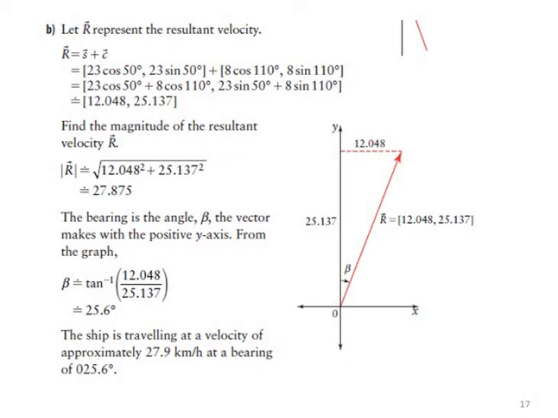So for the bearing angle, we can say beta equals inverse of tan 12.048, that's the opposite divided by adjacent, which is 25.137. So beta is going to be 25.6 degrees, and the ship is traveling at a velocity of approximately 27.9 kilometers per hour at the bearing of 25.6 degrees.